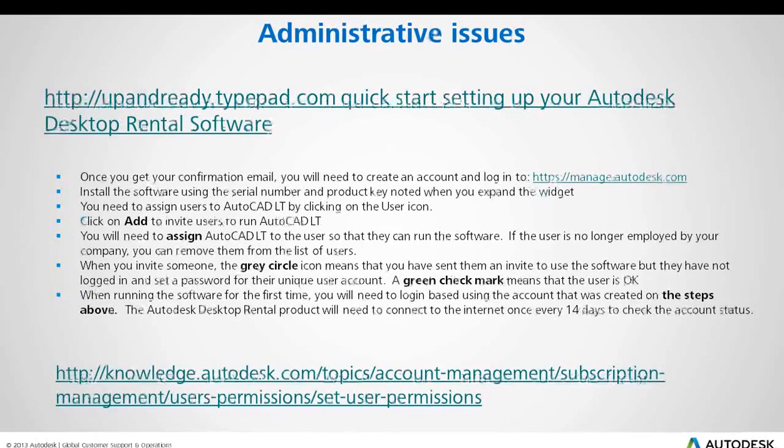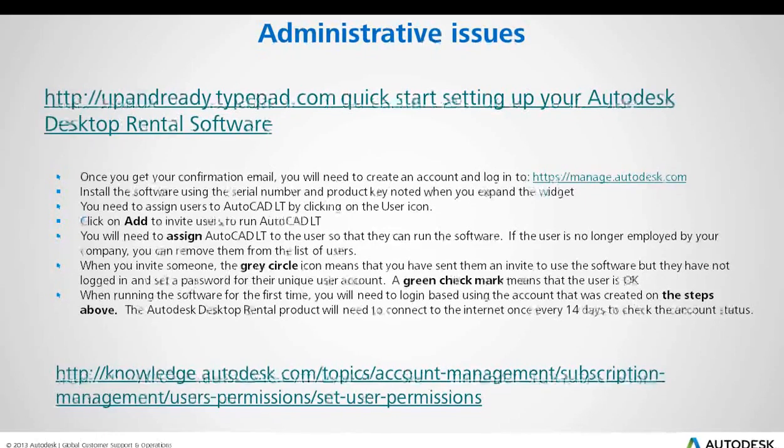The contract manager at this point can add a user here or assign the software to them. So they'd click on the add button under users, and then they'll assign, in this case, AutoCAD LT, if that happens to be the software that you have a license for, a license for that to your account on accounts.autodesk.com.